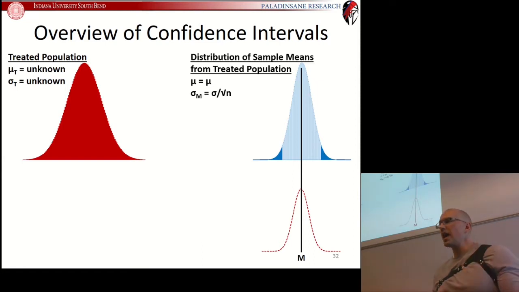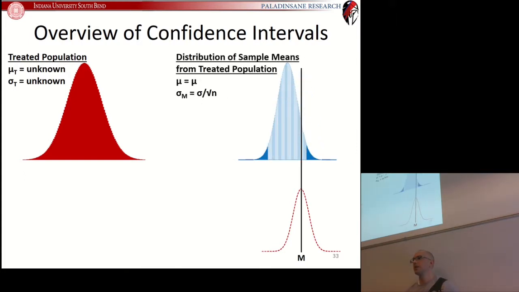So the challenge here is that maybe our sample came from the center of this population, in which case it would be in the center of the distribution of sample means. Or maybe it came from this point in the population. Maybe it's in that part of the comparison distribution. Maybe we had a very unlikely sample from our treated population.